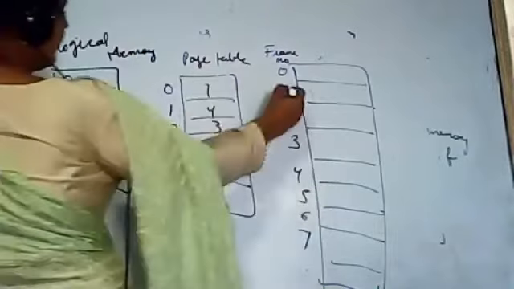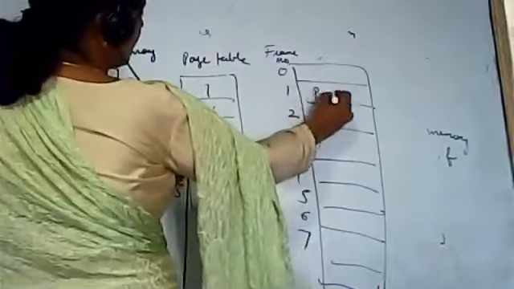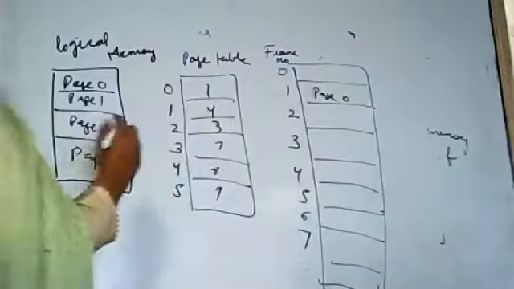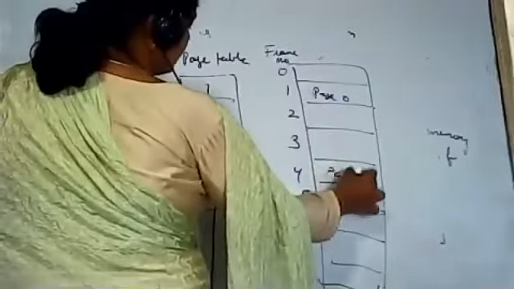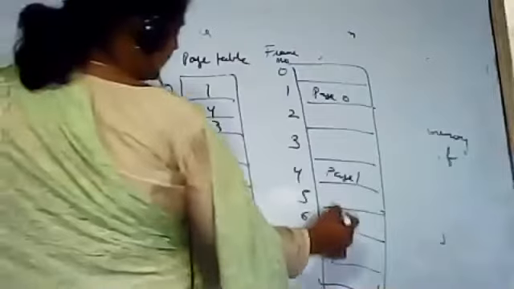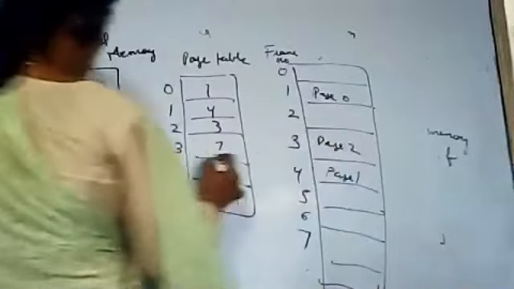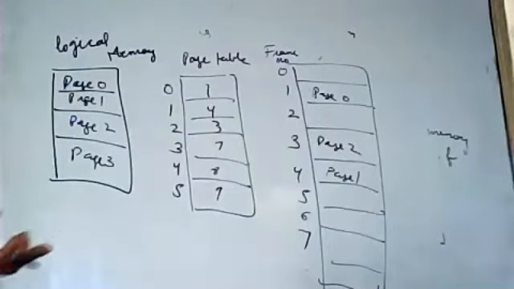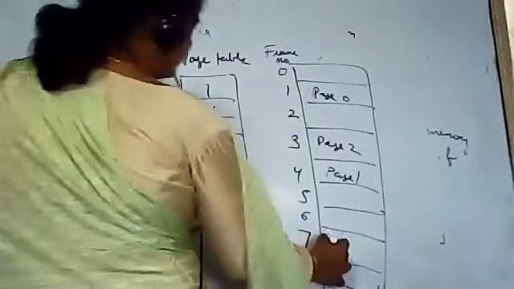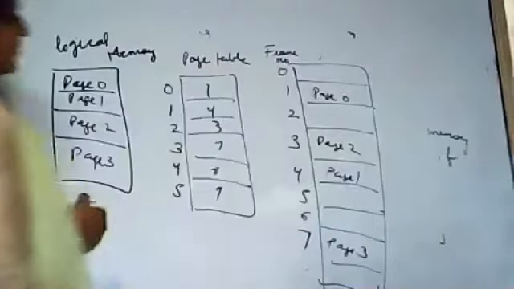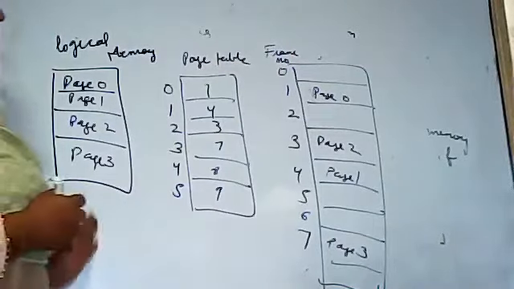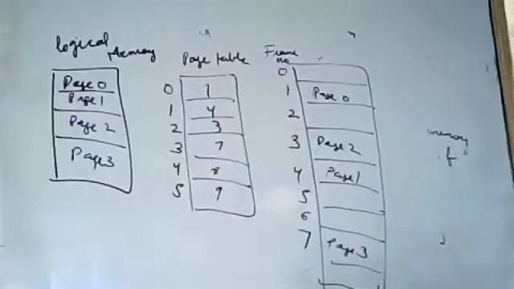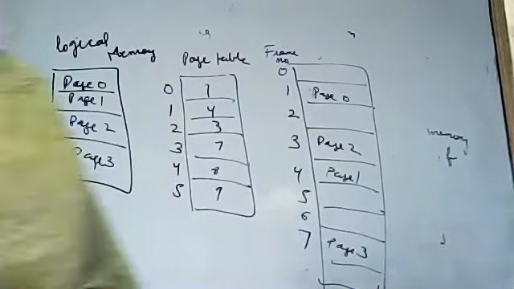You can see at frame number 1 we have page 0, at 4 we have page 1, at 3 we have page 2, and at the 7th position we have page 3. So this logical memory address translation happens into the physical memory address space. Is it clear to everybody?